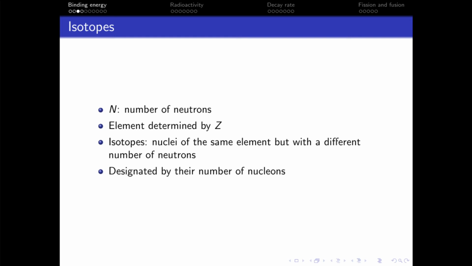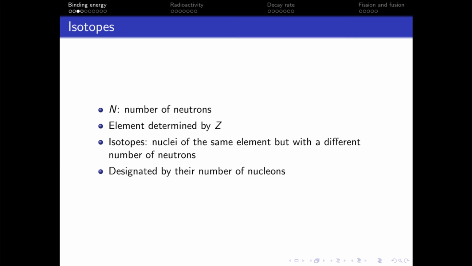In general, we'll name it after the number of nucleons. For instance, later, probably next week or maybe tomorrow, we'll see. We'll talk about carbon-14, carbon-12. The number we put at the end is the number of nucleons. So it tells us how many neutrons plus protons are in there.